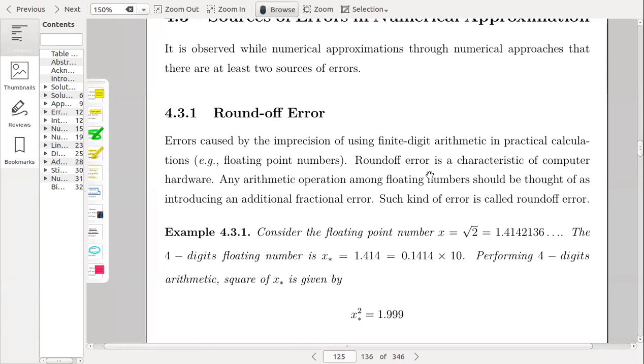Round off error is a characteristic of computer hardware. Any arithmetic operation among floating point numbers should be thought of as introducing an additional fractional error. Such kind of error is called round-off error.